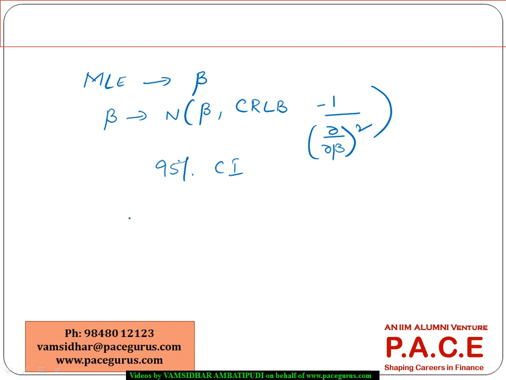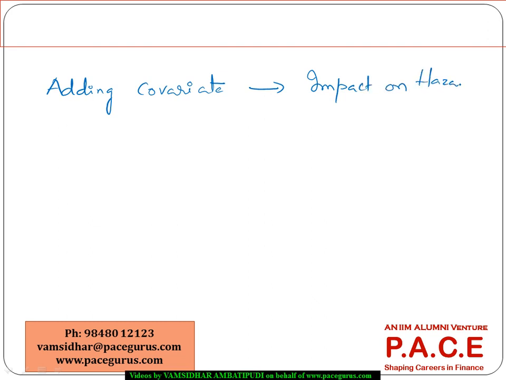Now one more thing we are trying to see is, okay, if at all I want to test whether adding a covariate had any kind of impact on the hazard rate. For that, a straightforward formula is given to us, right?